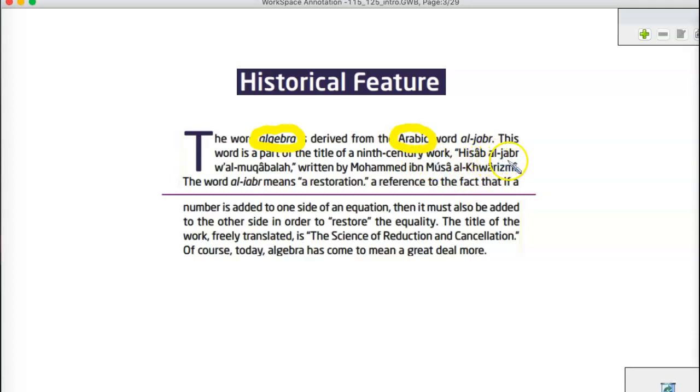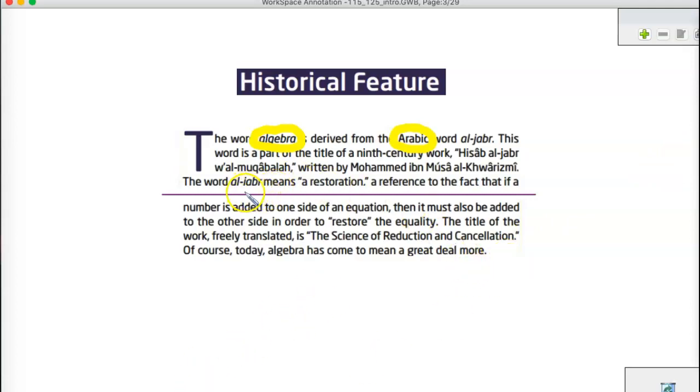Hisab al-Jabr wa'l-Muqabala, written by Muhammad ibn Musa al-Khwarizmi. That was a lot, so if I butchered it, I apologize, dear sir.